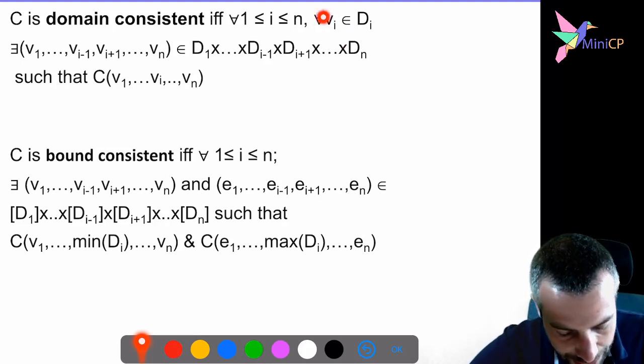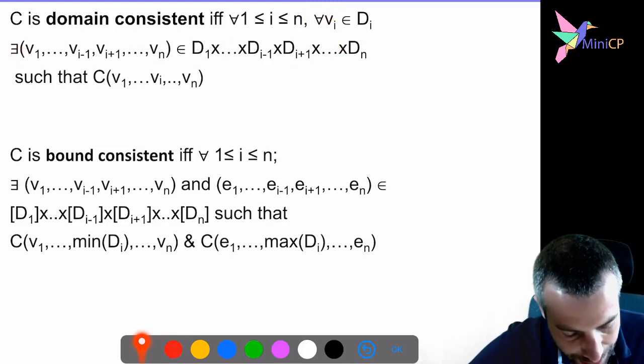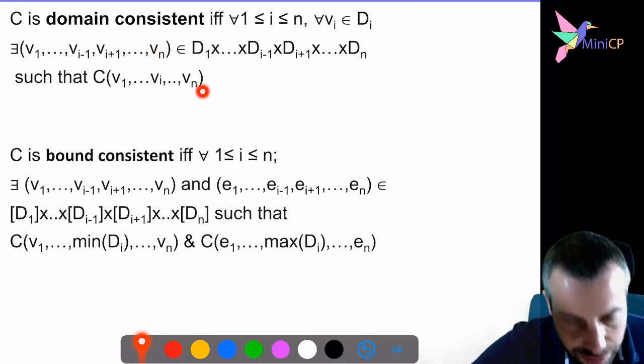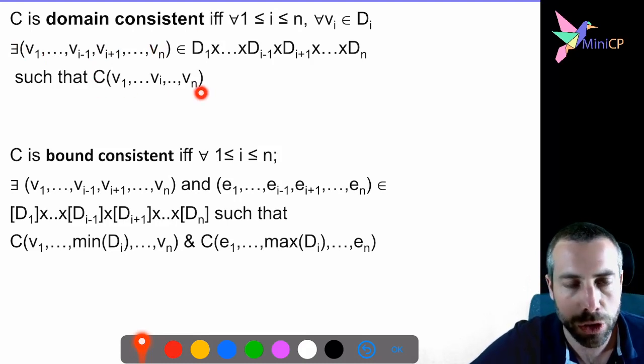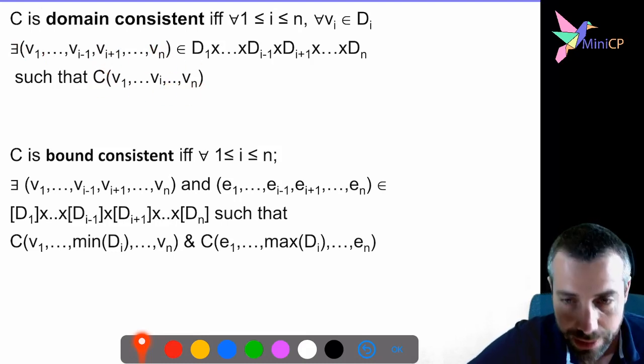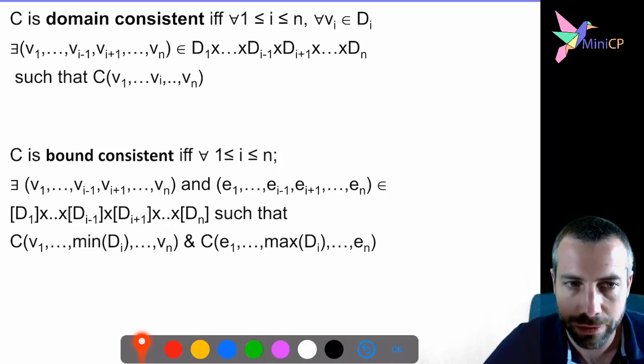We must find an extension in the domains of all the variables. So this is the extension. There exists at least one extension so that the constraint is satisfied. Okay, and so it means that if the constraint is domain consistent, you have basically removed all the inconsistent values.